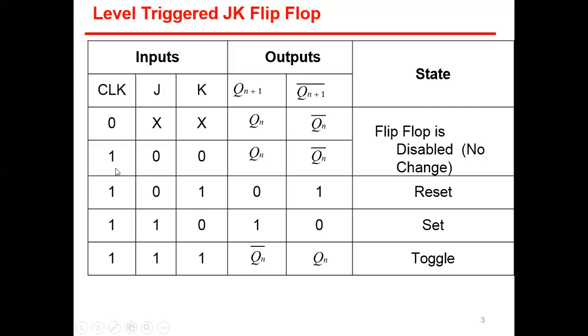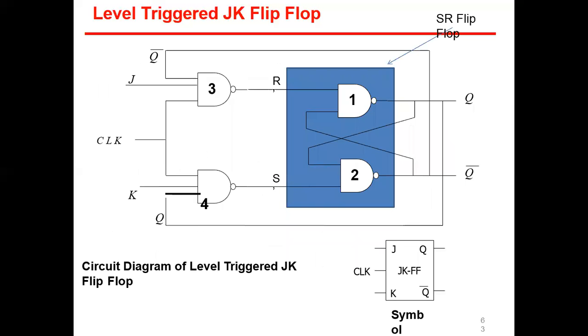Now when the clock is 1 and JK equals 00, the output is Qn and Qn bar, so no changes according to inputs. Whenever clock equals 1 and J equals 0, it means R dash equals 1, and K equals 0 means S dash equals 1.